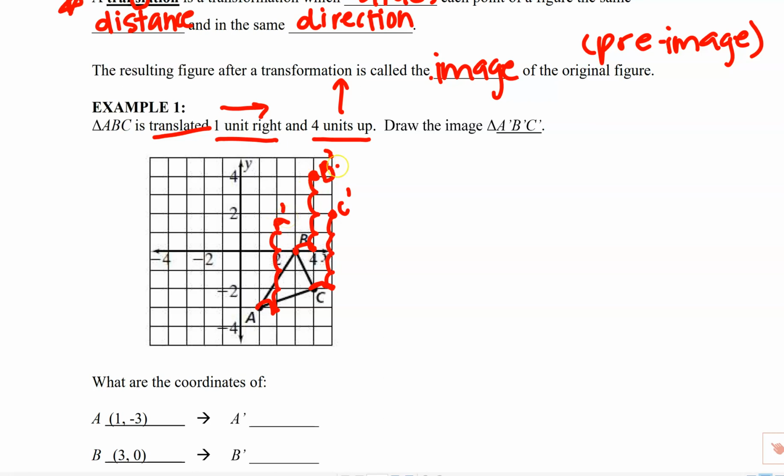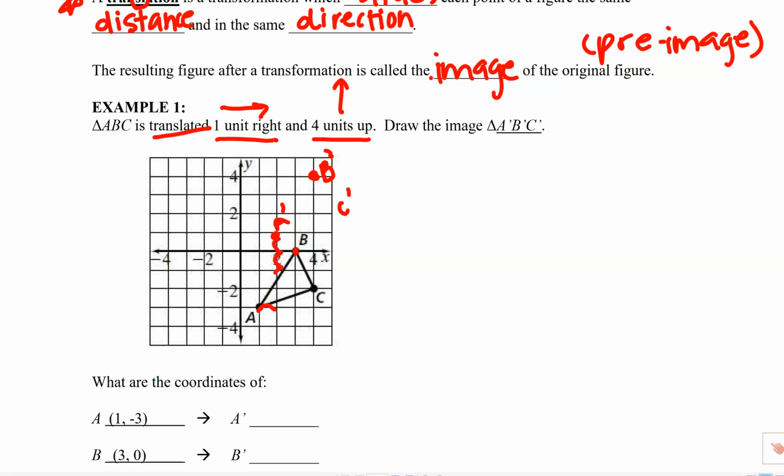So if you see, all 3 points have been moved. And let me erase this so you can see. All 3 points have been moved. So all you have to do is connect the points. So that one is right there. 1, 2, 3. 1, 2, 3, 4.